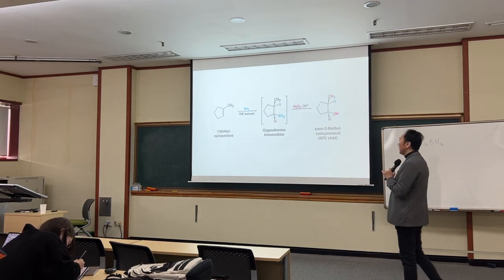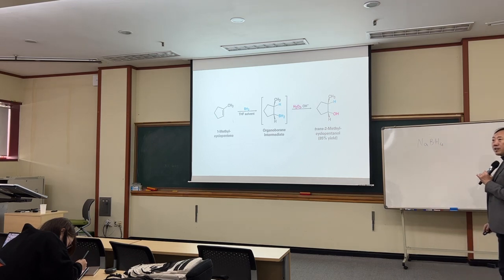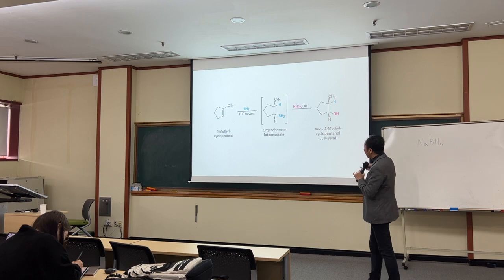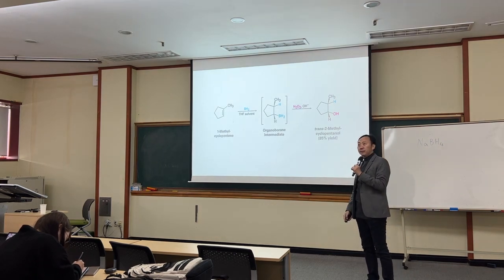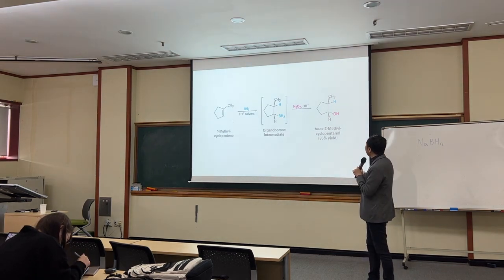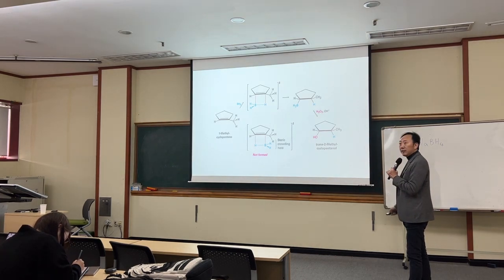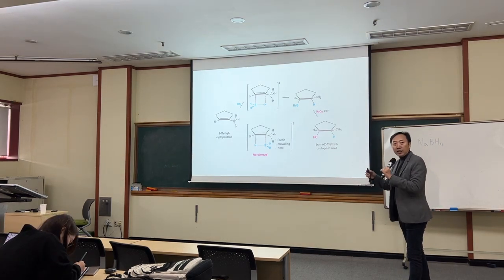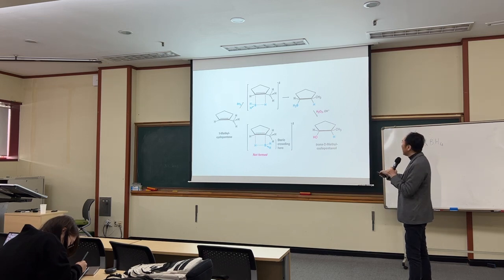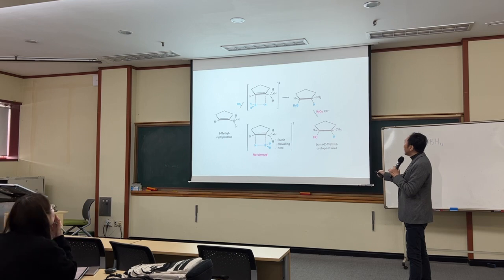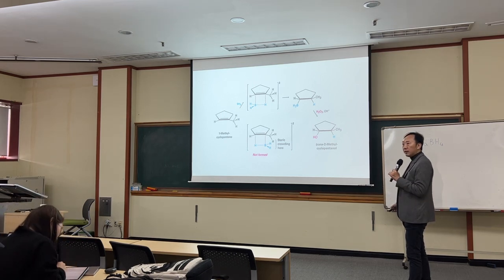Now, if you look at the position of addition, in this case, BH3 seems to be added simultaneously. And then this addition goes to the more substituted position, the more bulky position. Next page. Here, when they are added, they are added simultaneously. That's why BH2 is bigger than hydrogen. So this is the more sterically hindered position, more crowded.